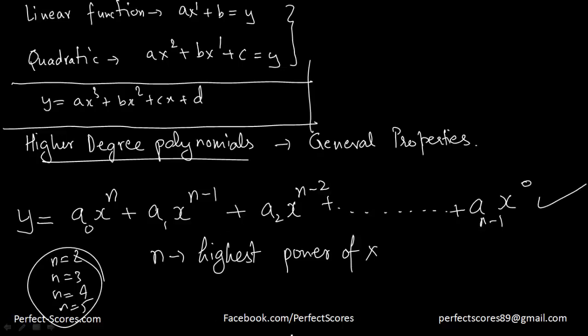Now there are a few properties of polynomials that I'm going to discuss here. The first property of a polynomial is that polynomials are continuous and smooth everywhere.